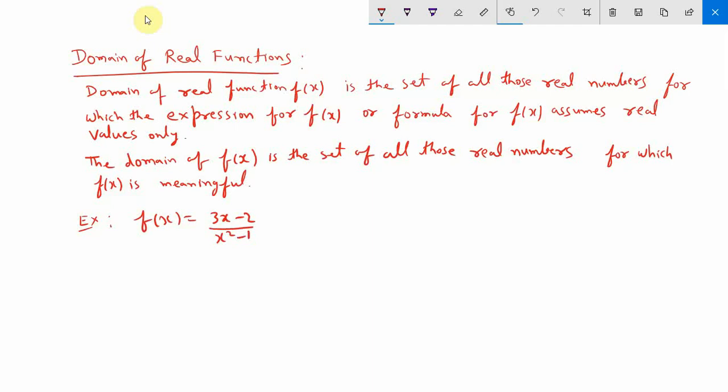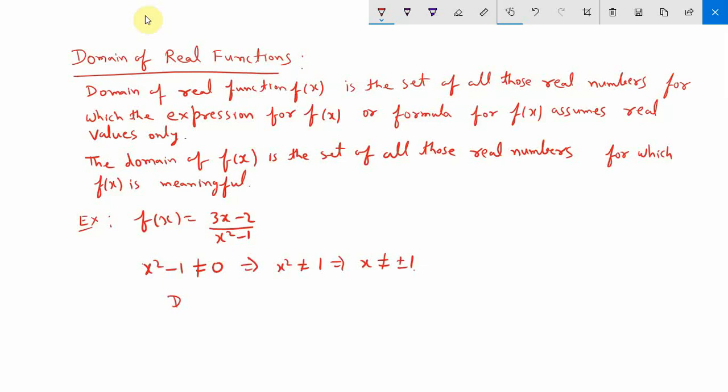So we can write x square minus 1 is not equal to 0, or this implies x square is not equal to 1, or x is not equal to plus minus 1.